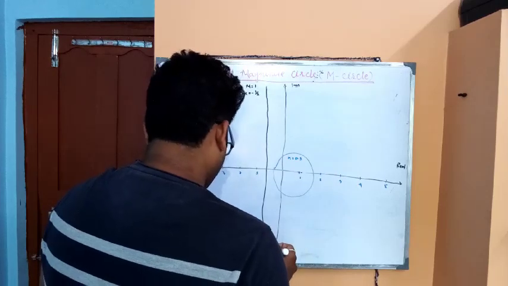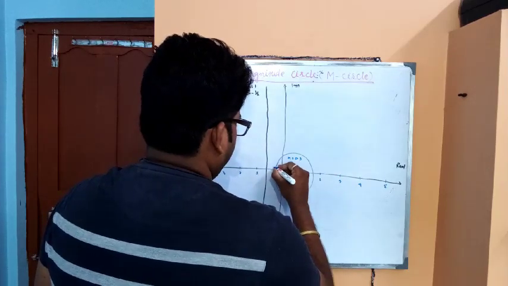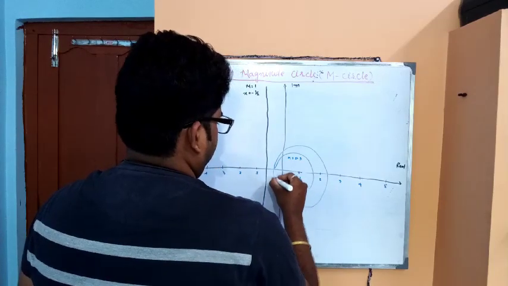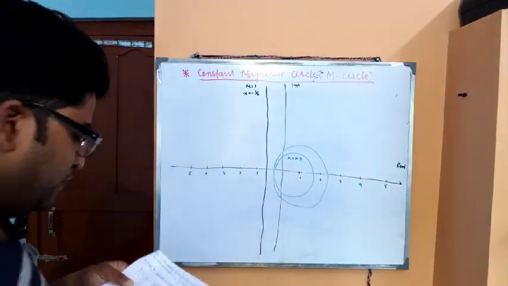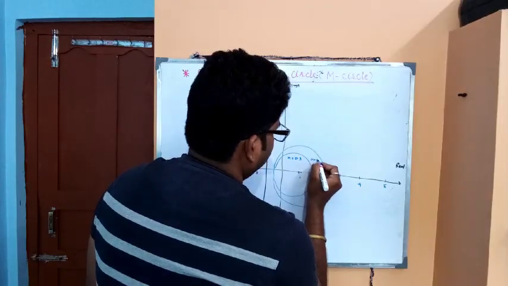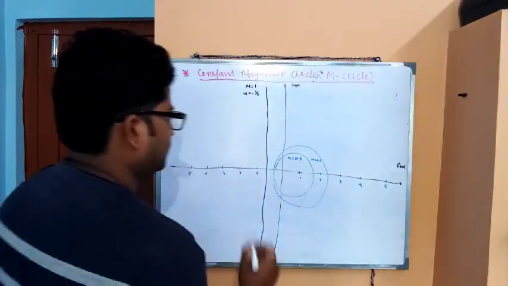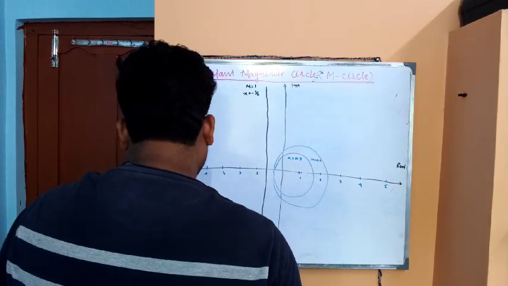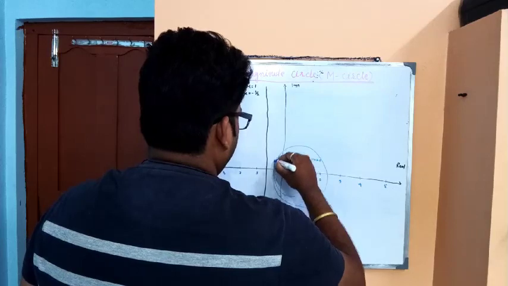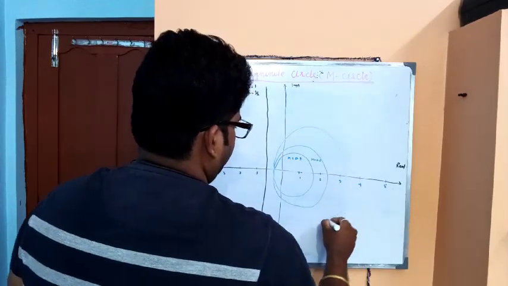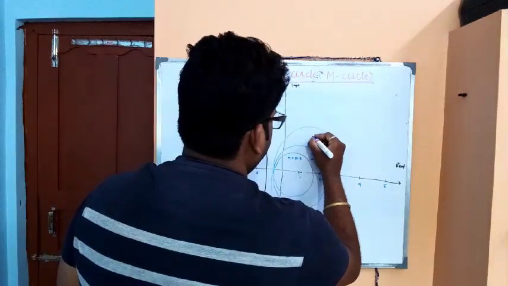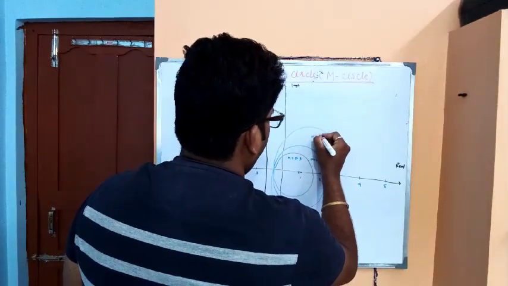So the second circle will be like this, where M is equal to 0.5. Similarly, M is equal to 0.67, and this is the circle for M equal to 0.67.